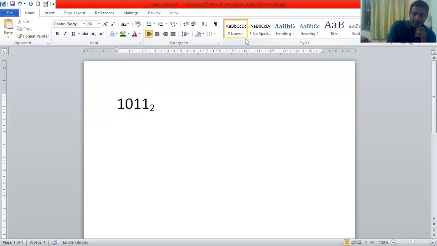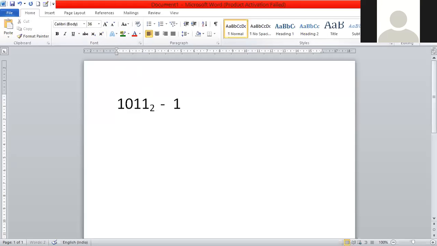We don't write it here, we just write like this. Bracket you can give, or we don't have to. No problem. Basically, here we can write like this, and then the number is 11, and the base of this 11 is 10.